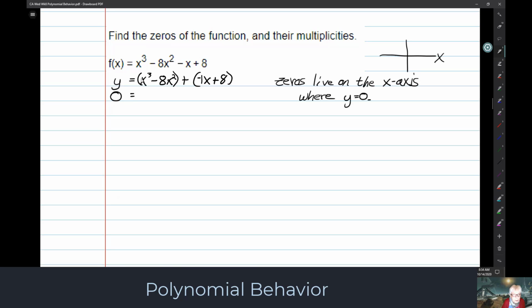I'm going to factor out a GCF, that's going to be x squared, parentheses, x minus 8, and I can check myself. You always want to check yourself. X squared times x is x to the third. X squared times minus 8 is minus 8x squared. So I did that right. Now, the slightly harder part.